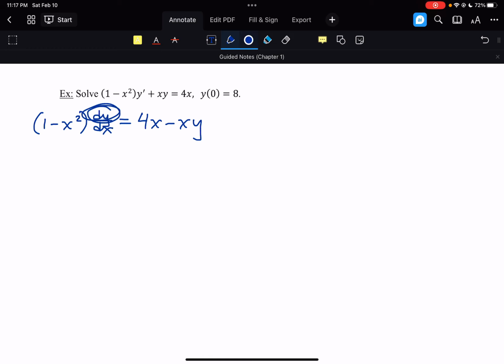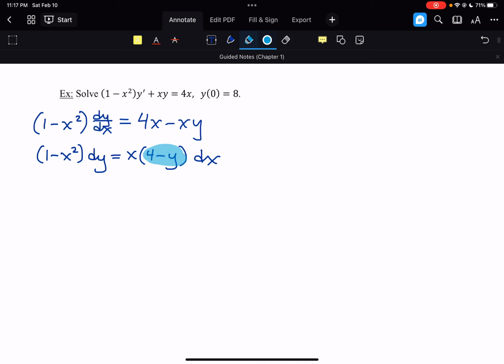Now we'll keep the dy over here. The dx is going to need to move over here. So we'll have 1 minus x squared dy equals 4x minus xy dx. And let's go ahead and factor that x out, because now we're just about ready to separate.